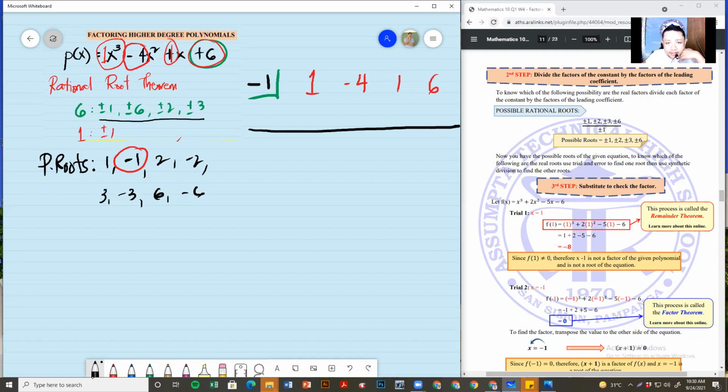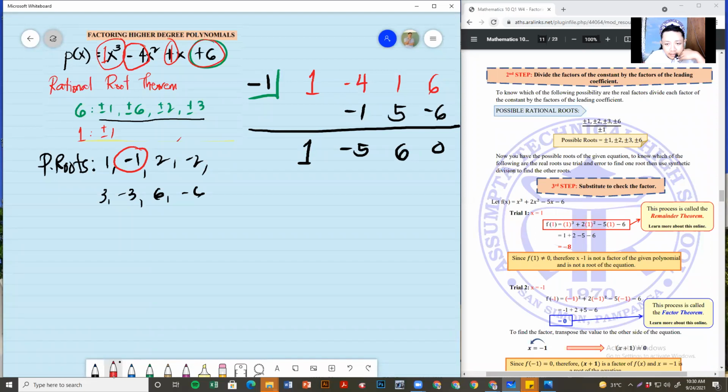You know the process, bring down 1. And then 1 times negative 1, that's negative 1. Combine the two. Negative 4 minus 1, that's negative 5. Okay. And then negative 5 times negative 1 is 5. 5 plus 1, that's 6. 6 times negative 1 is negative 6, and that's 0.